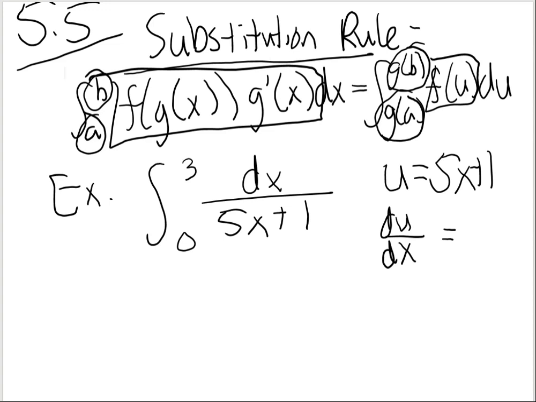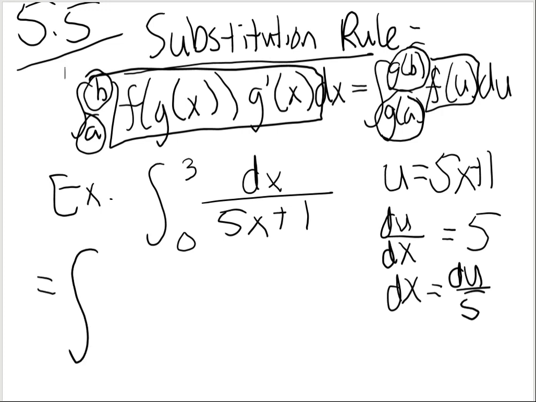It's going to be 5. So in other words, dx is du over 5. So I can plug it in. I'm going to leave these limits blank for now, but we'll fill those in shortly. You'll have du over 5 and then over u.